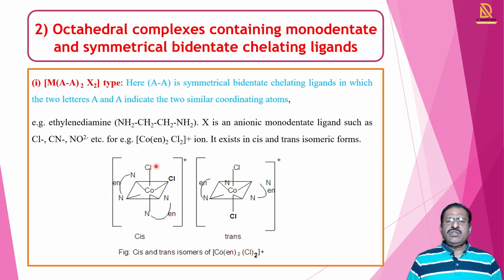Then two negatively charged ligands, Cl, are attached at position number 1 and 2, and ethylene diamine, NH2CH2CH2NH2, simply we write en, is attached at the remaining positions. This is the cis structure. If this Cl is at position 1 and 6, then that is the trans structure. So in this way, in this compound, we can explain the cis and trans phenomena.